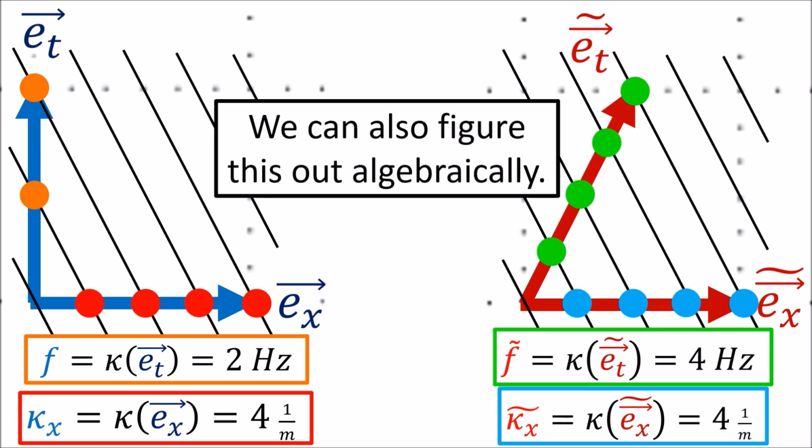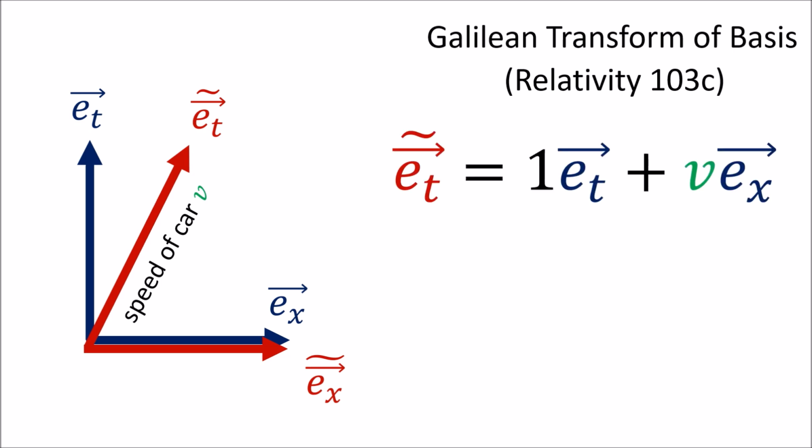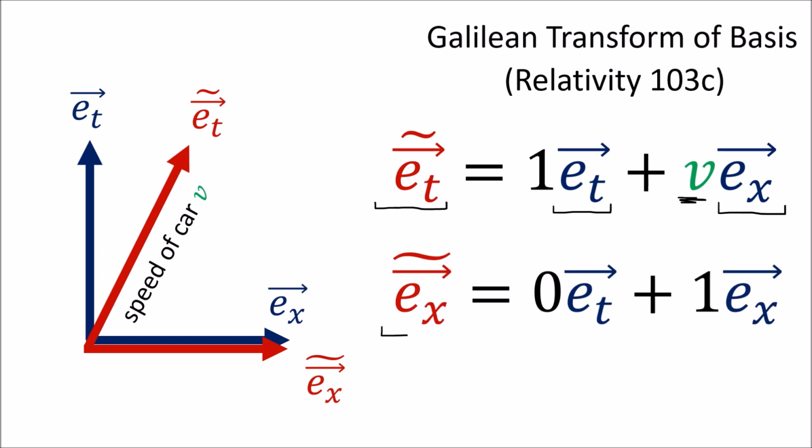But we can also figure this out using algebra. Recall the Galilean transformation of the spacetime basis that we learned in Relativity 103. The car's time basis vector equals Einstein's time basis vector plus the car's velocity times Einstein's x basis vector. And the car's x basis vector is exactly equal to Einstein's x basis vector.